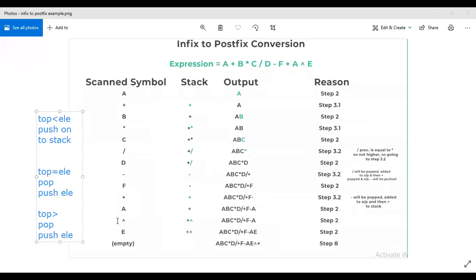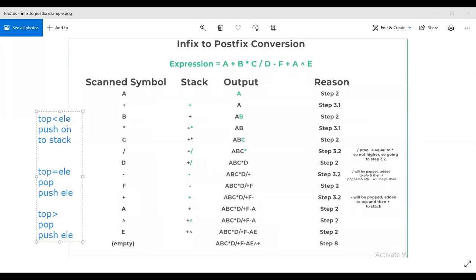Exponent came. Now you have to see this exponent. Already plus is there. Plus is there on the top of the stack. Now exponent came. So see here, the top of the stack is having less preference than the element which I scanned, that is the exponent operator. So I will exercise the first option.